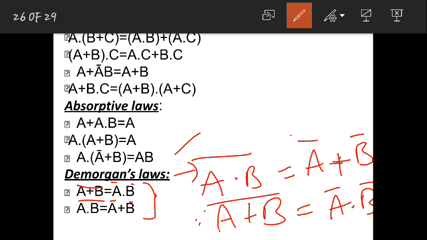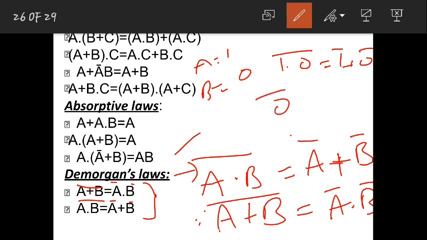I will consider A is equal to 1 and B is equal to 0. So that means 1 dot 0 whole bar is equal to 1 bar plus 0 bar. 0 into something is always 0, and the bar of that is 1. 1 bar means 0 and 0 bar means 1.